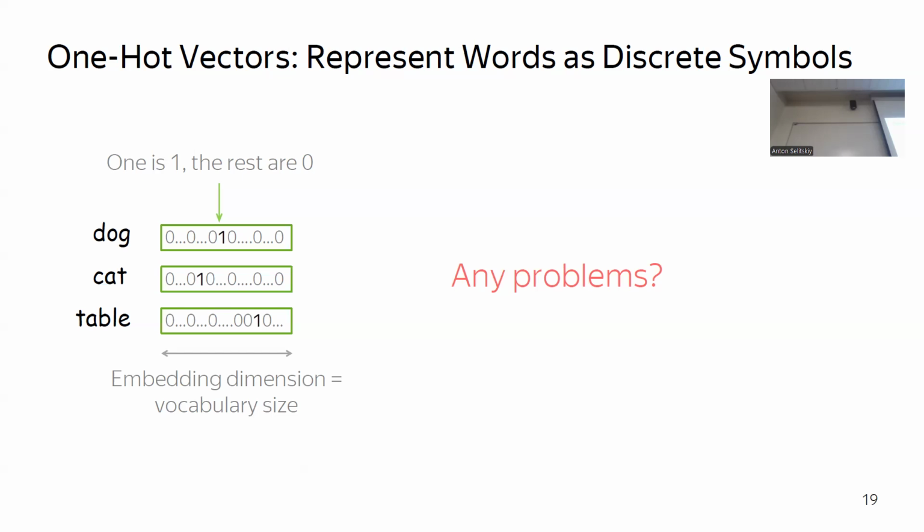So all the words will be equidistant, but maybe it's not very realistic, because some words are grouped together. So another problem is that we don't take into account, we assume that all the words are orthogonal. Some other problems.